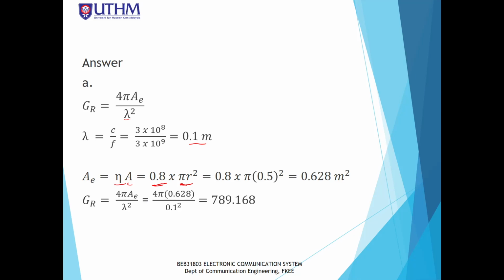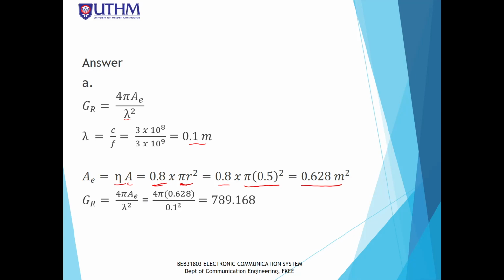Okay, so 0.8 multiplied with the circular area of the antenna, which is pi multiplied with the antenna radius, 0.5. The diameter of the antenna is 1 meter, we divide by 2, so therefore the radius is 0.5. So we get the effective area 0.628 meters square.